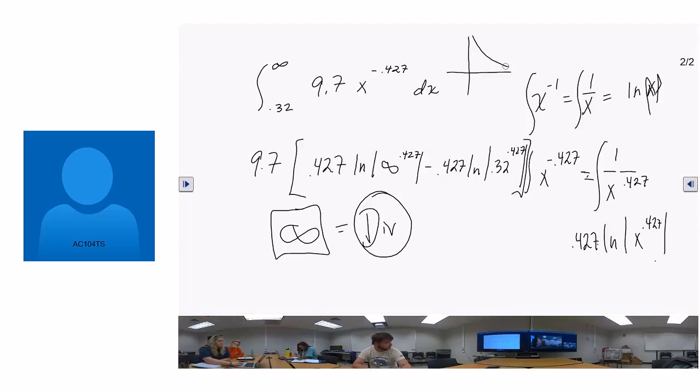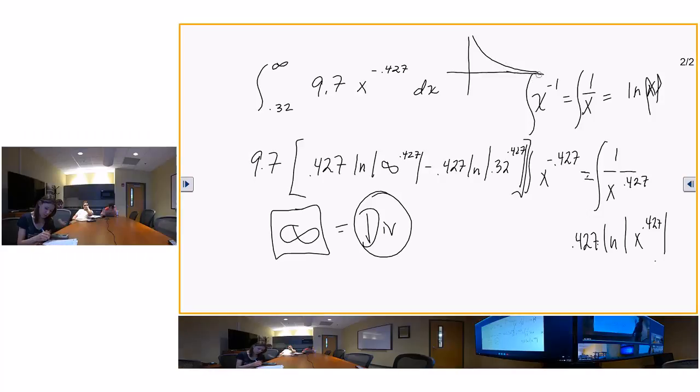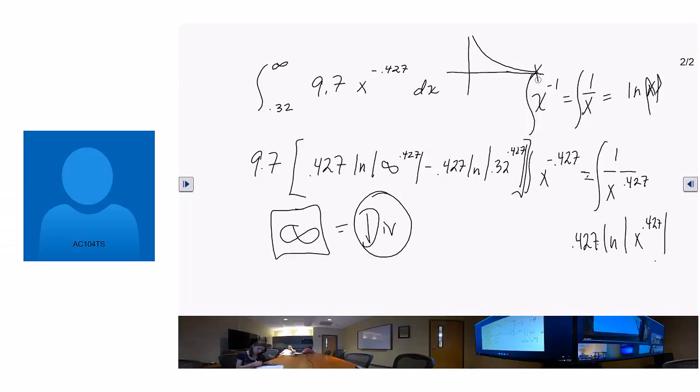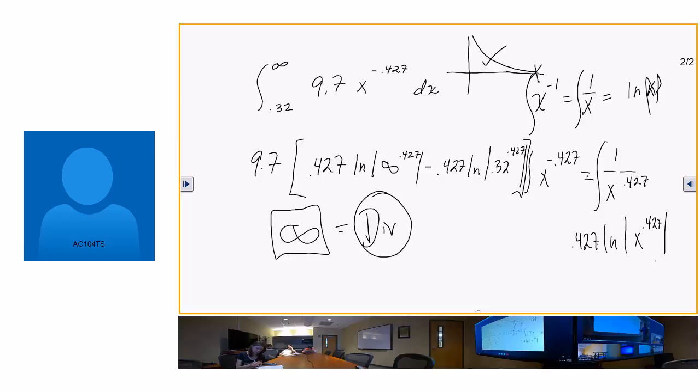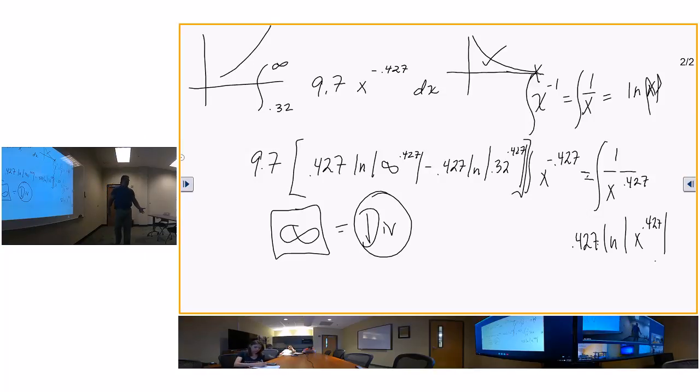It's going toward the x-axis, so you can pretty much nullify this and say we got an area. Versus divergent, which means it's going away, and the area is getting bigger and bigger, so you cannot predict it.